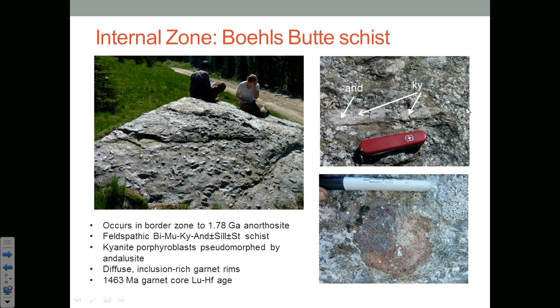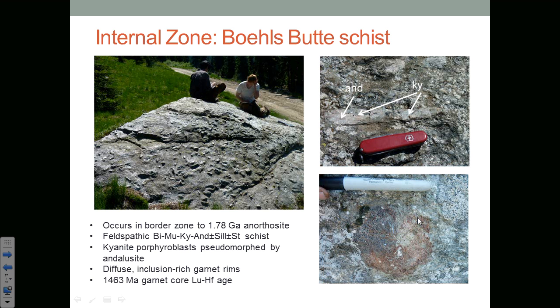So original kyanites that are now converted to Andalusite. And garnet is scarce in this rock, but when it does occur, it tends to be very large, centimeter to several centimeter diameter garnet. And Jeff Vervoort at WSU obtained a garnet lutetium hafnium age of 1463 million years on this particular locality here. And that was from a core.